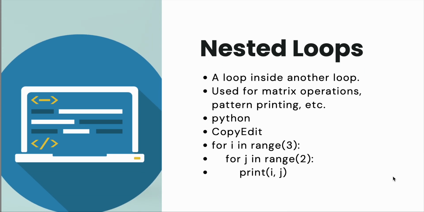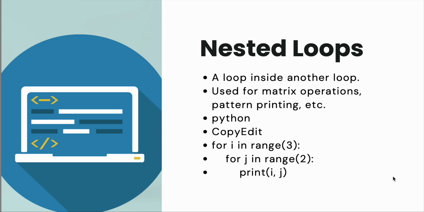Next is nested loop. Suppose we might need a loop inside another loop, so that is called a nested loop, a loop inside another loop. Let's take an example of a multiplication table. The outer loop will be numbers from 1 to 10, and the inner loop will be numbers multiplying from 1 to 10.